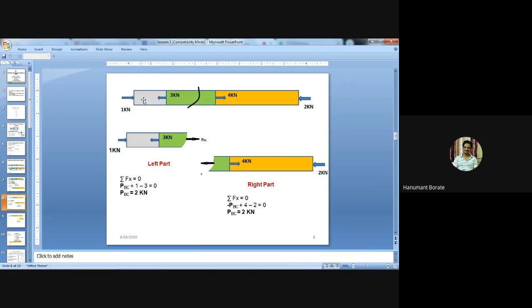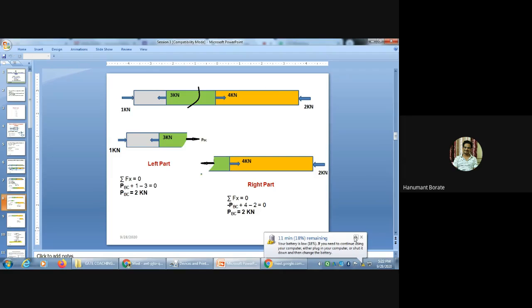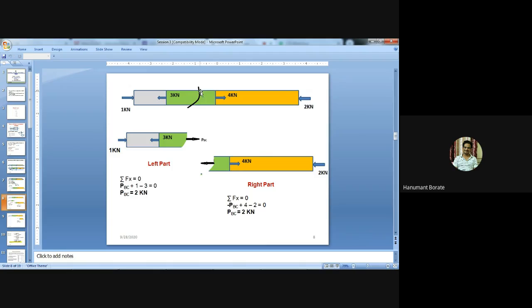Again, I have drawn the same system, but to find the force in member BC, I broke the system here. Now this section line divides the system into two parts. This is the left part and this is the right part.